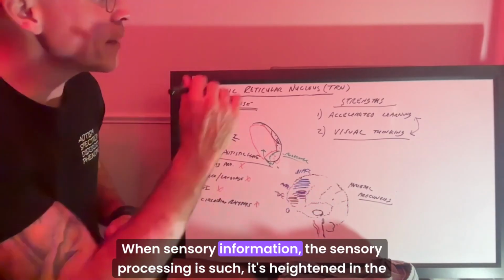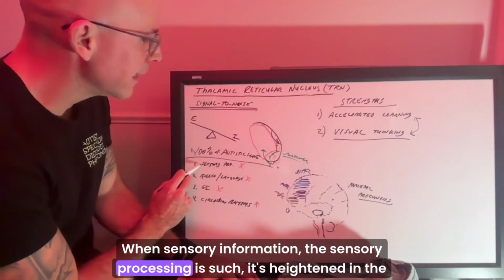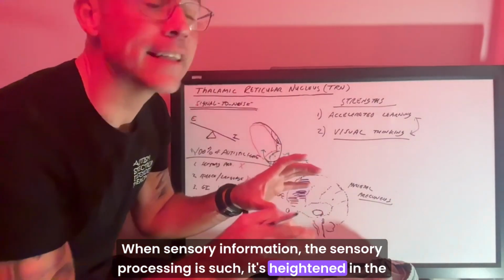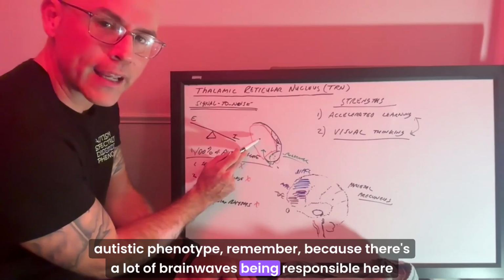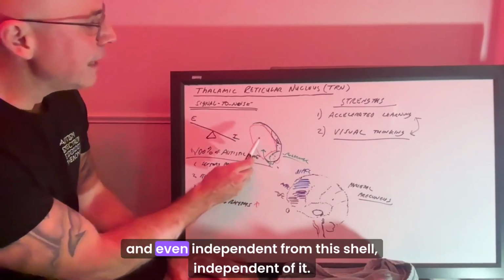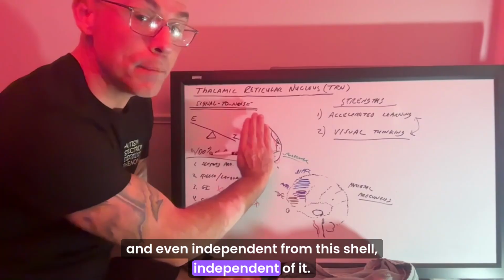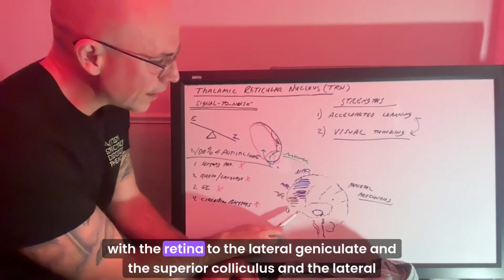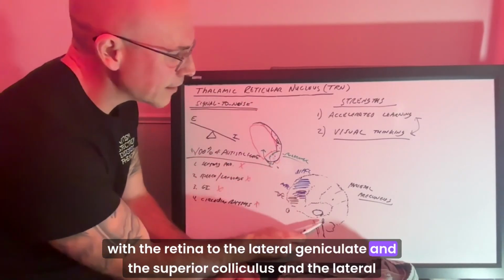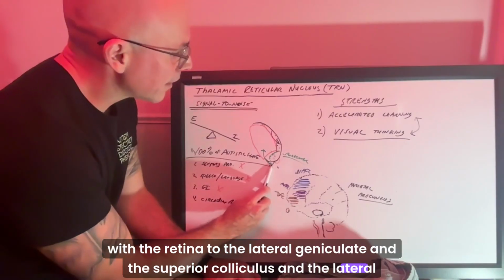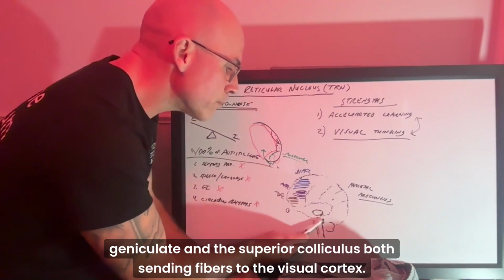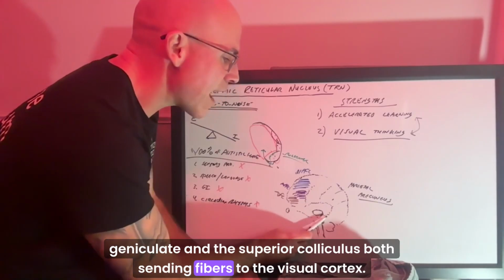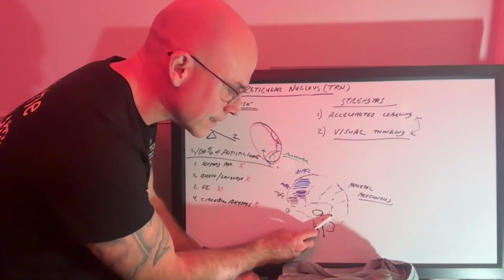When sensory information, the sensory processing, is heightened in the autistic phenotype, remember, because there's a lot of brain waves being responsible here, and even independent of the shell, with the retina to the lateral geniculate and the superior colliculus, and the lateral geniculate and the superior colliculus both are sending fibers to the visual cortex, right?